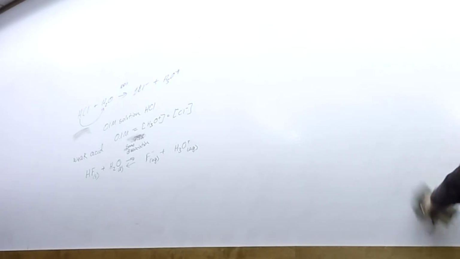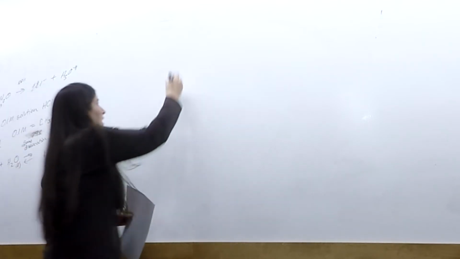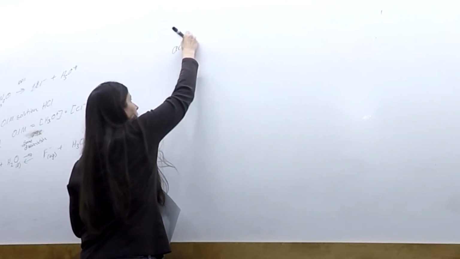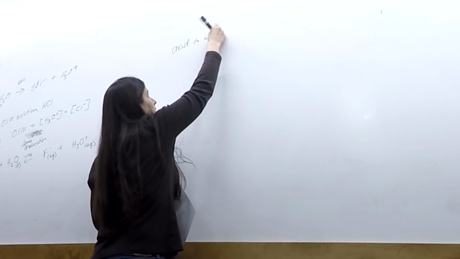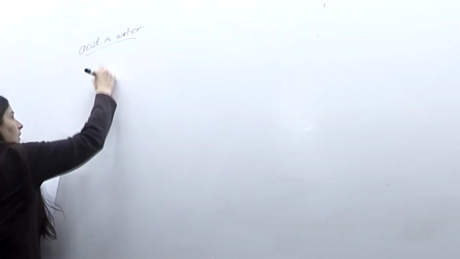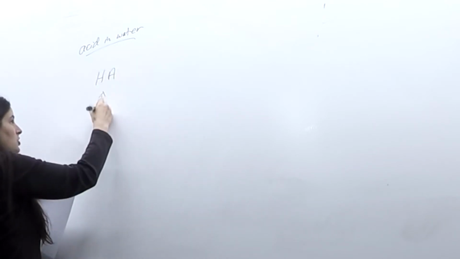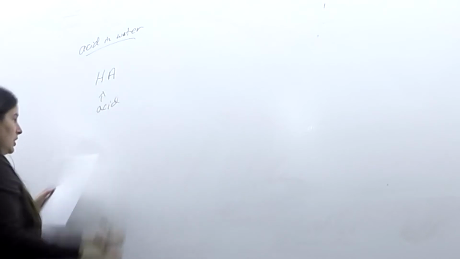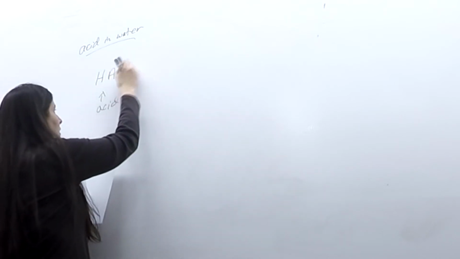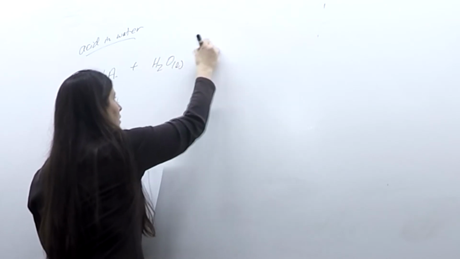But since these are all dissociation reactions, we will call these dissociation constants. So if we put a generic acid in water, creating an acidic solution, HA is going to be our generic term for any acid. We put that one in water.